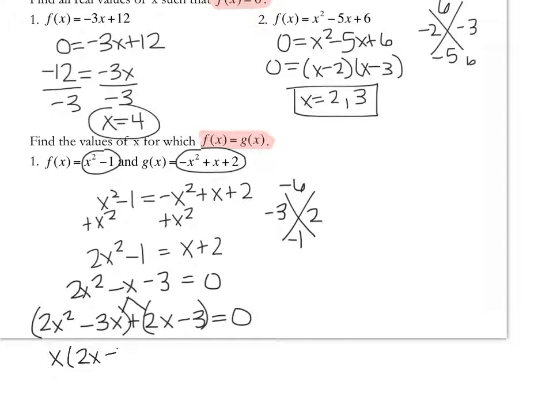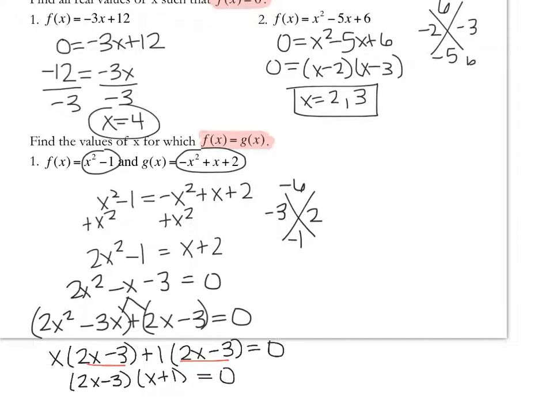I'd be left with 2x minus 3. Nothing can come out of that next group, but you have to take something out. So even if nothing comes out, you've got to take out a 1. That is their greatest common factor. And now these two here match, which means we can take that out. That is now a greatest common factor, and we would be left with x plus 1. Those are your two factors that you get.